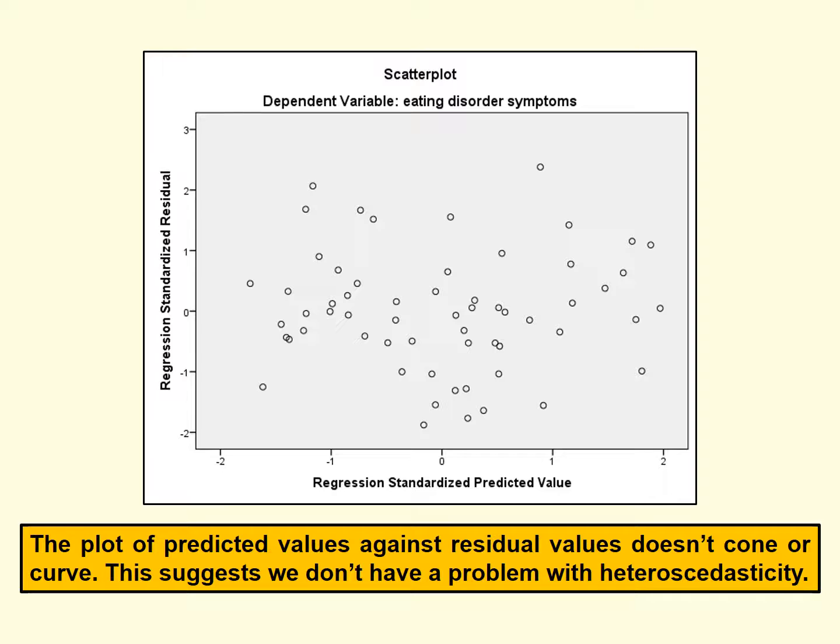That would be problematic because it would suggest that our model is biased at some levels of prediction. It makes bigger errors at some levels of prediction than it does at others. Here we see a relatively uniform pattern of residuals. The values are not particularly more spread out at one level of prediction than they are at another.